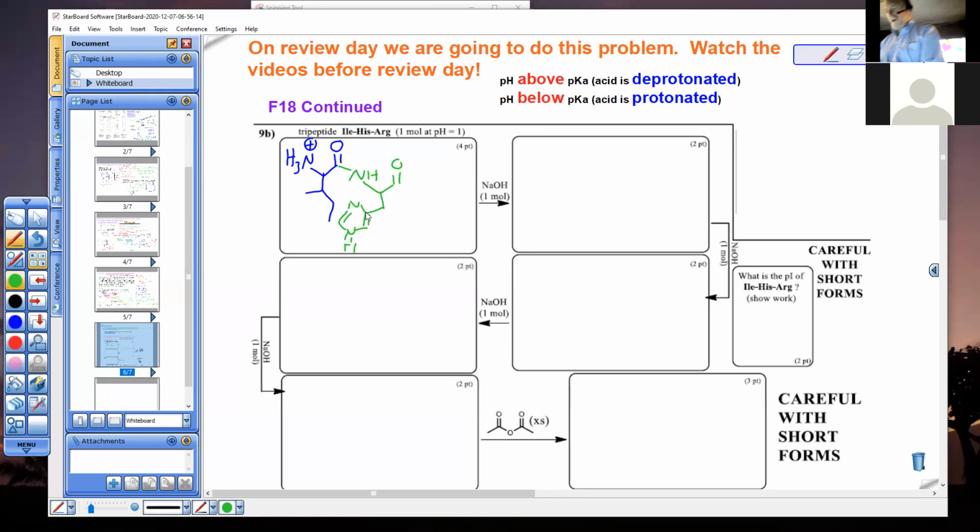And what about Arg? Arg in black. Why is this going to be OH? Well, at pH 1, a carboxylic acid will be protonated. Arg is CH2 three times. 1, 2, 3, NH, guanidine.